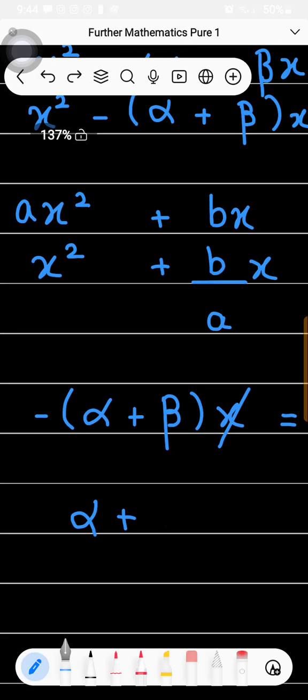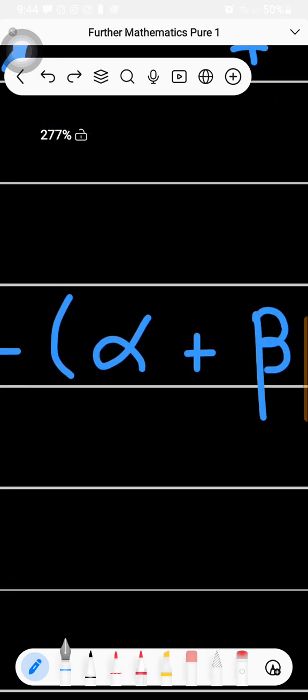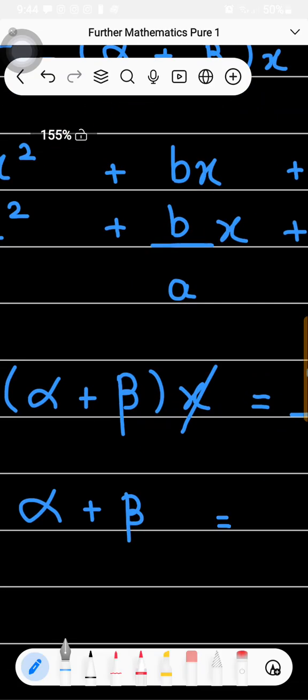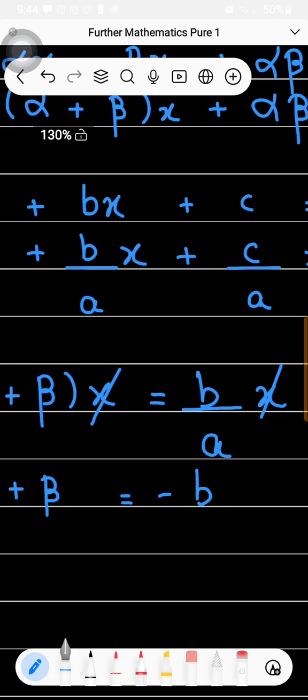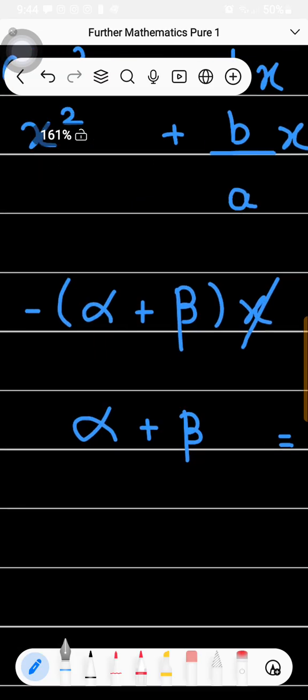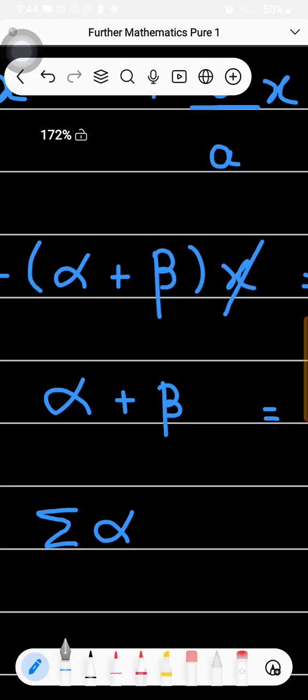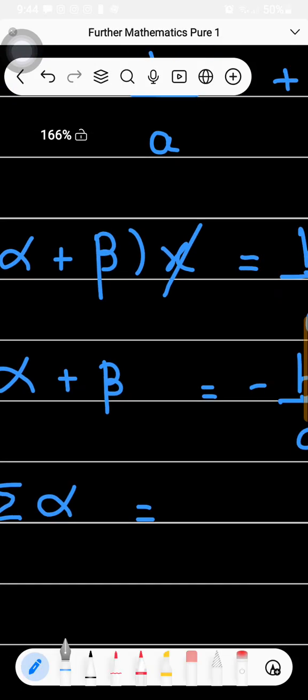Wait, let me write it nicely. Alpha plus beta equal to negative b upon a. So that's our formula, and we can write alpha plus beta as sigma alpha equal to negative b upon a.